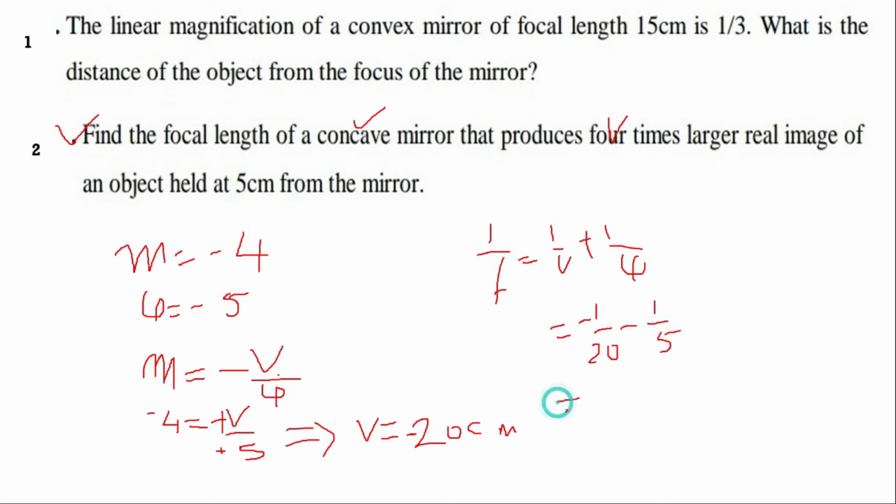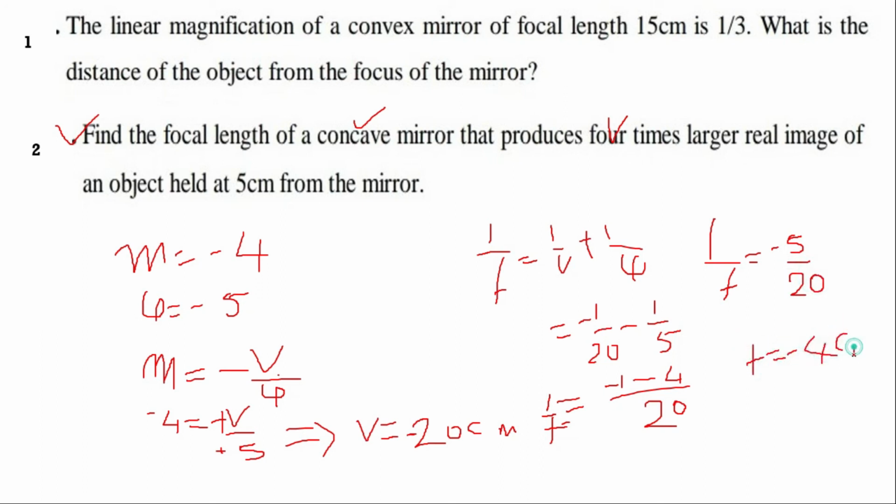What will be the LCM? 20 will be the LCM. So minus 1 and minus 4, 1 by f equals to minus 5 by 20. So f equals to minus 4 centimeter. Hope you understood well and nicely.